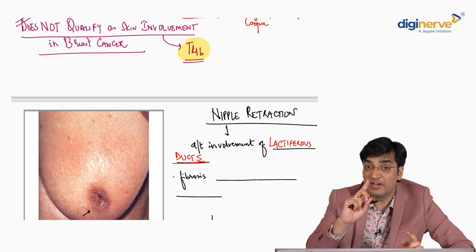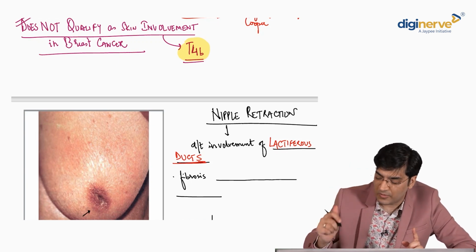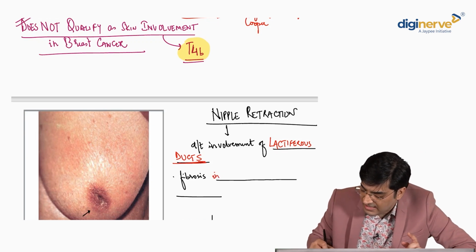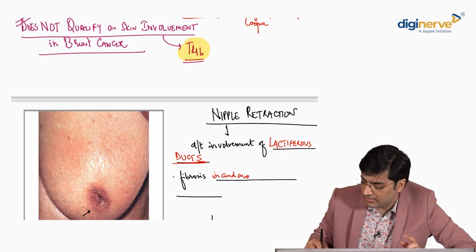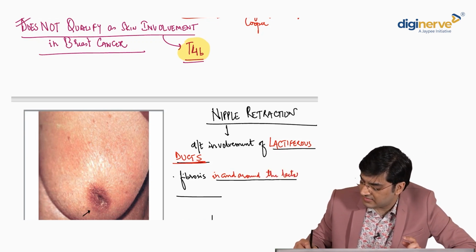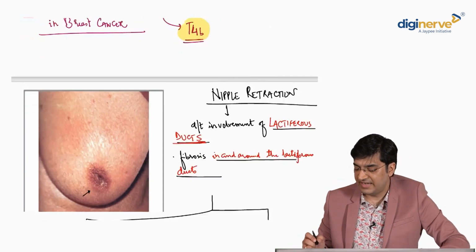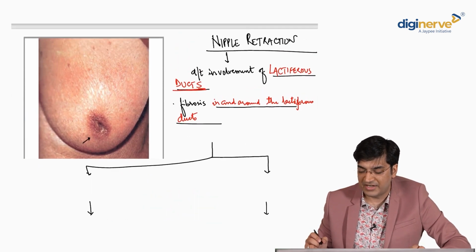This is not inversion. Please understand, this is retraction. There is a difference between the two. So there is fibrosis in and around the lactiferous ducts, which leads to nipple retraction.